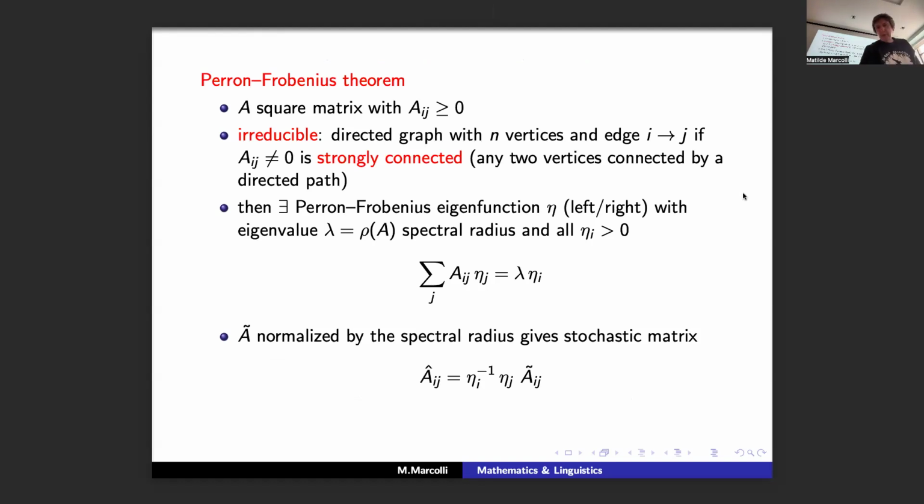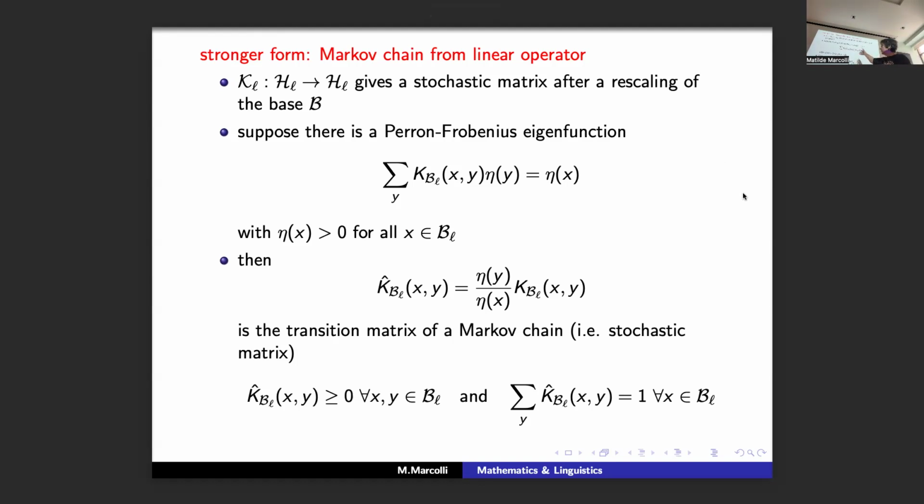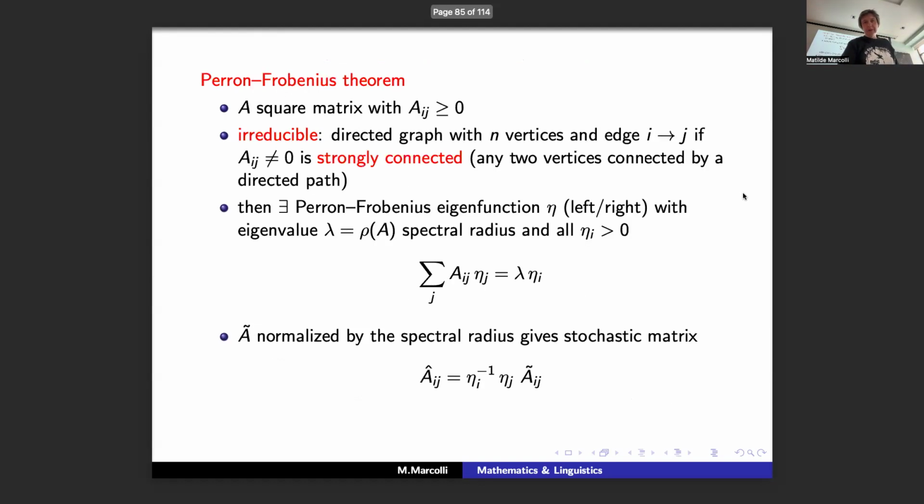In general, the way you show whether there is an eigenfunction is the Perron-Frobenius theorem. And if you start with a matrix that has only non-negative coefficients, not strictly positive coefficients, Perron-Frobenius works well if you are in the irreducible case.